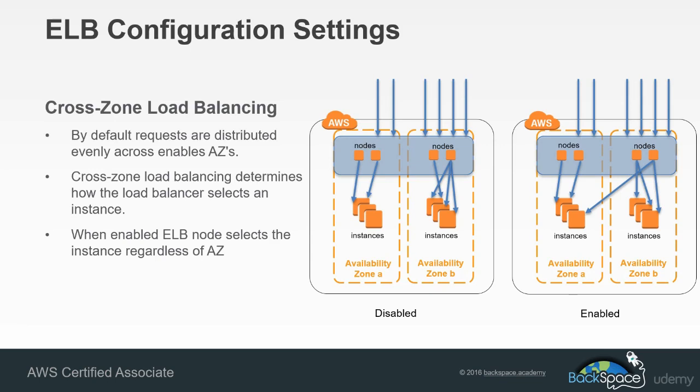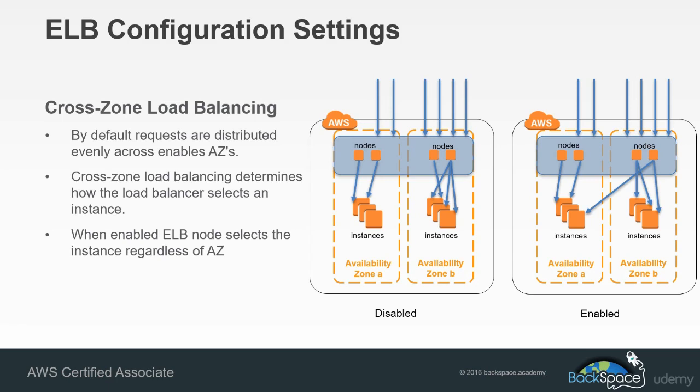So cross-zone load balancing determines how the load balancer selects an instance. When enabled, the elastic load balancer node selects the instance regardless of availability zone. So it will select the best instances available, whether or not it's in the same availability zone.